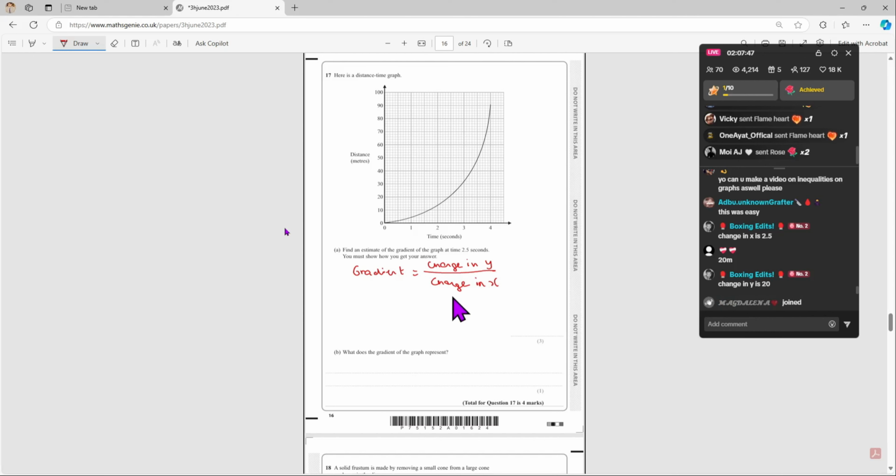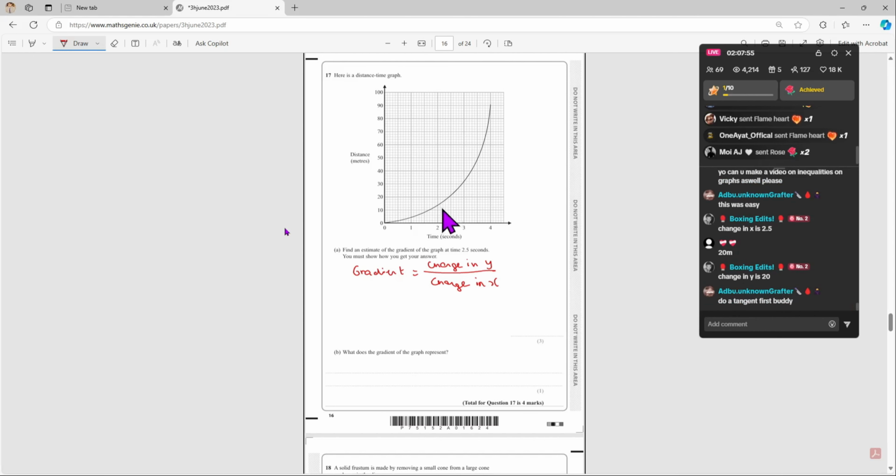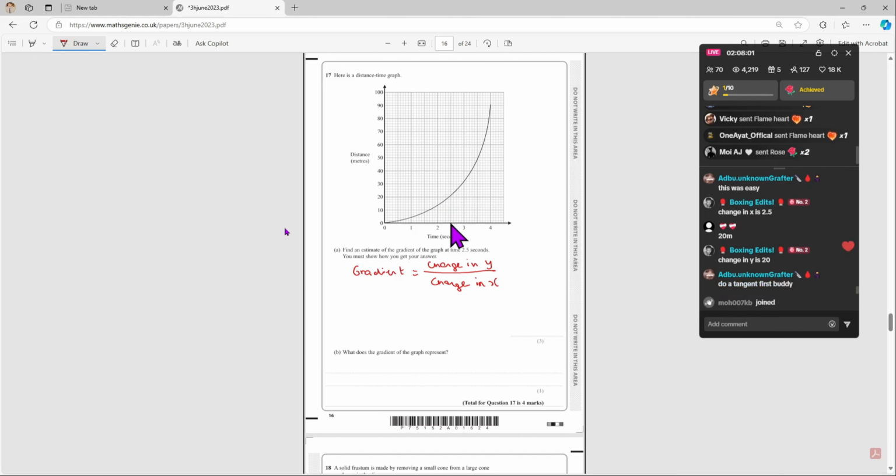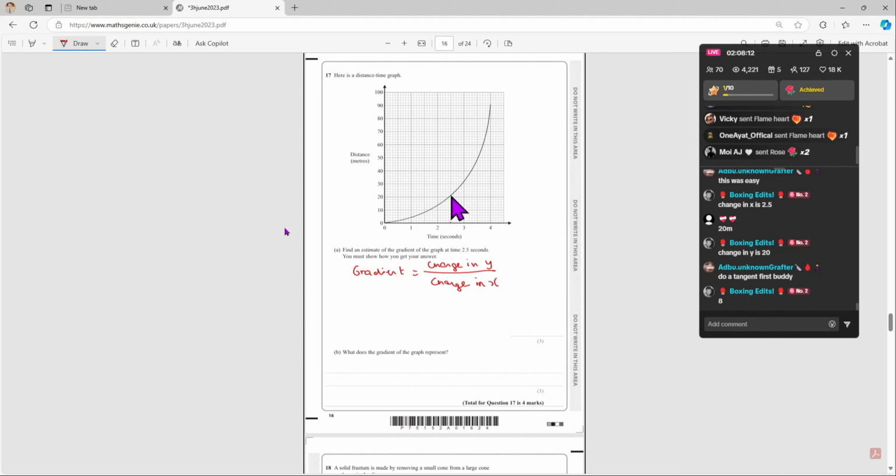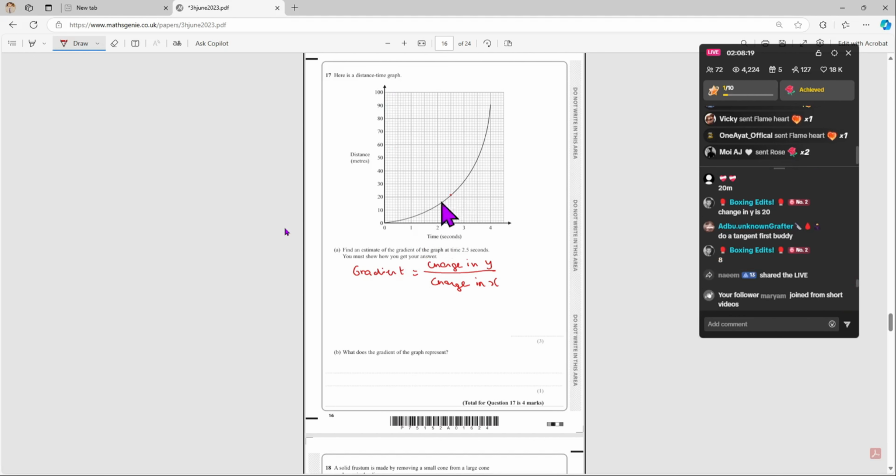So how will we do this? The way we do this is to work out the gradient from 2.5. So we have 2.5 over here, 2.5 seconds is right here. And then we have to write a tangent. To do the tangent at 2.5, the tangent over here. Okay? So you have to do a straight line, and it only has to touch this specific point.